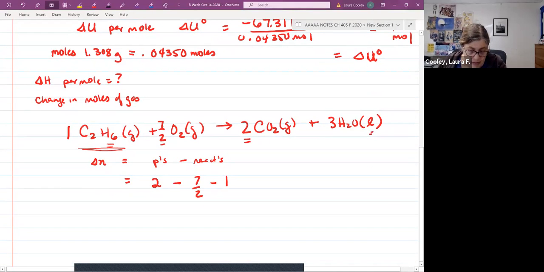So 2 minus 7/2 minus 1 is minus 5/2, or minus 2.5. So negative 2.5. This is the change in moles.